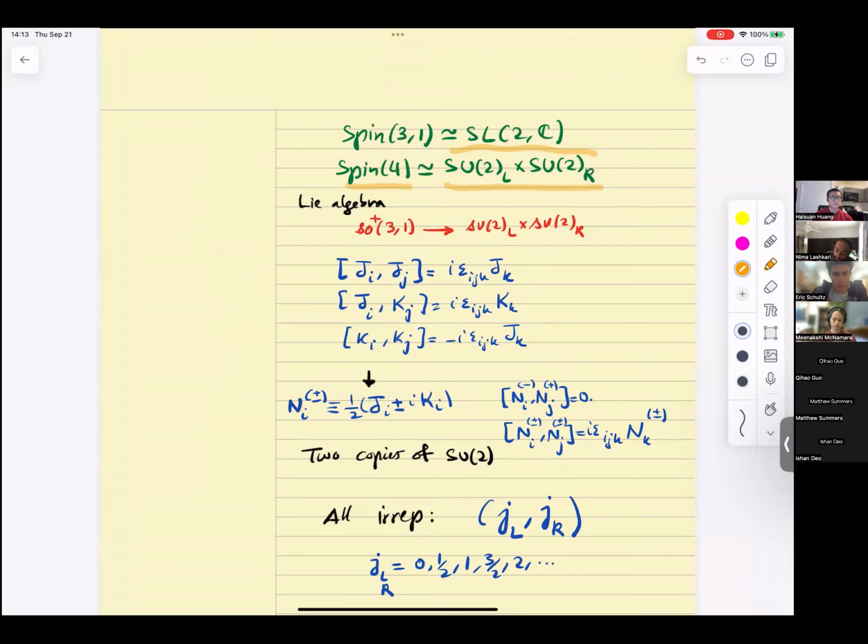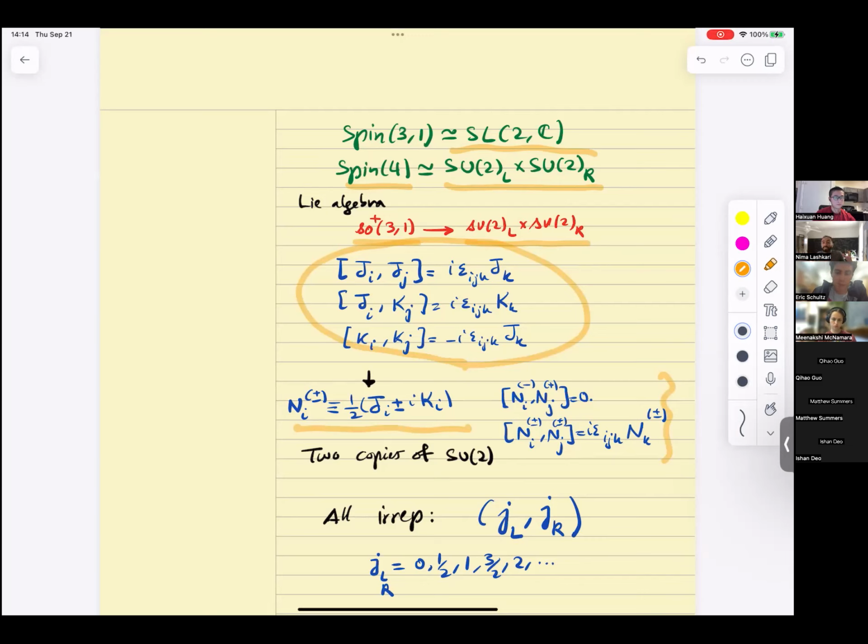At the level of the algebra, this so+(3,1) could be mapped into two copies of SU(2), left and right. This is precisely the map that I wrote down earlier. These were the generators of SO+(3,1), boosts and rotations. I wrote them in terms of these generators, and here are the two copies of SU(2), left and right.